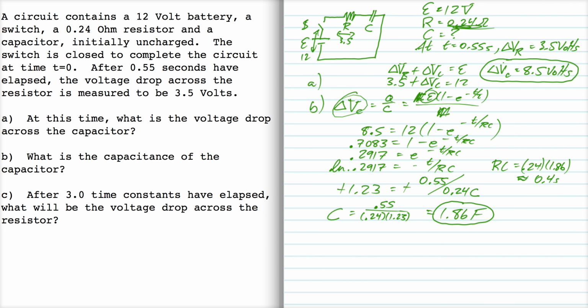And you notice that at t equals 0.55 seconds, the voltage drop across the resistor is about 1/3 of its maximum value. So the current has already dropped to 1/3. I guess I should go ahead and calculate this. 0.24 times 1.86 is 0.4464. So that means that this time is pretty close to tau. So that capacitance is reasonable, right? We expect to have a pretty big capacitance for such a big time constant.